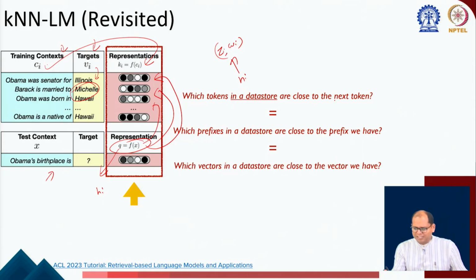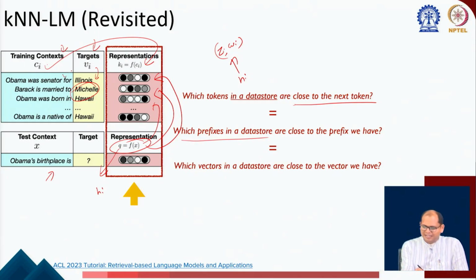So, which tokens in a data store are close to the next token, which is equivalent to which prefixes in a data store are closer to the prefix that we have, and equivalent to which vectors in the database are close to the vector we have. That is how this problem is formulated.